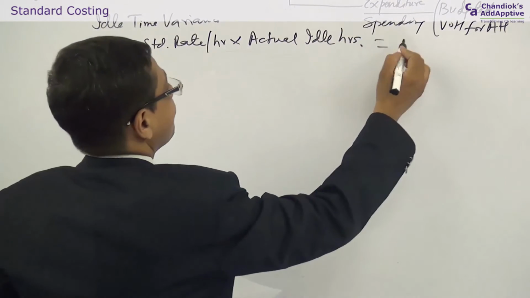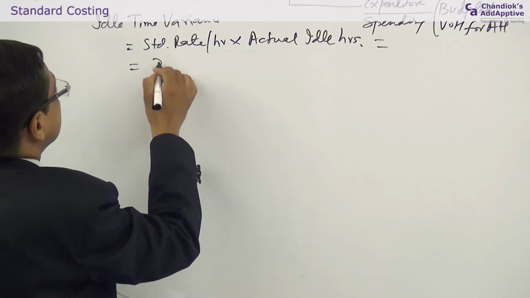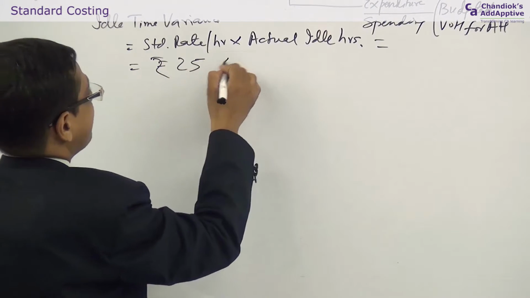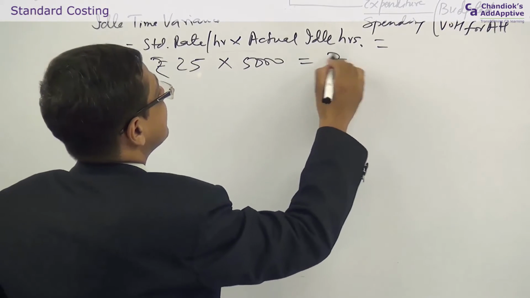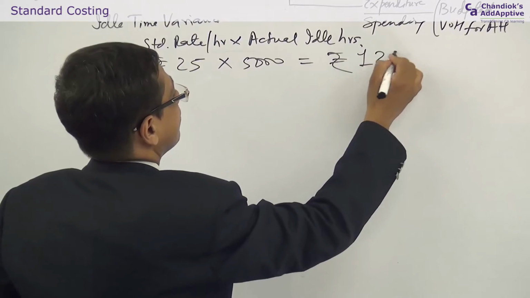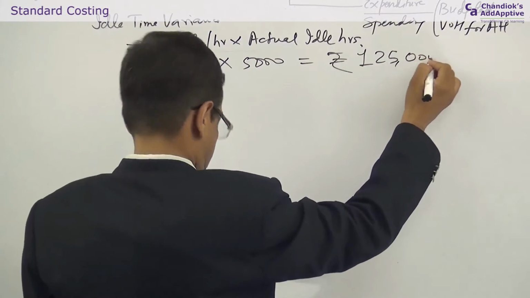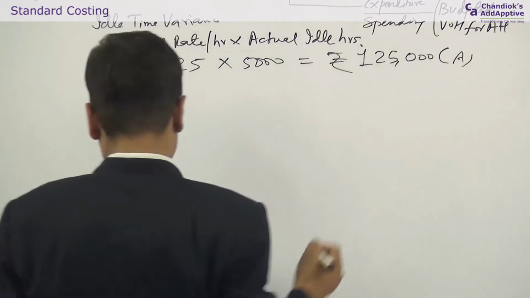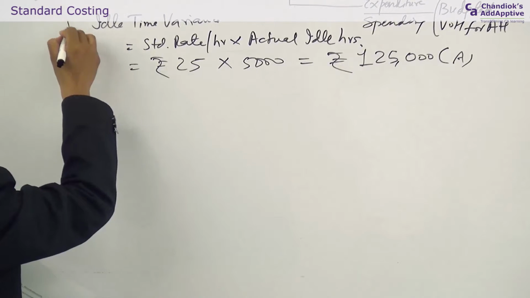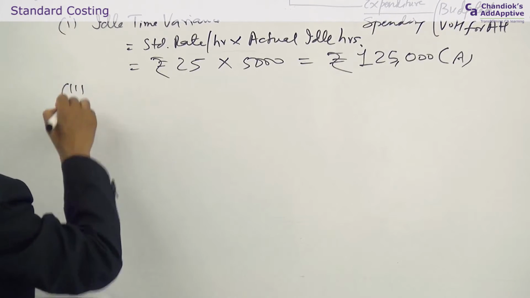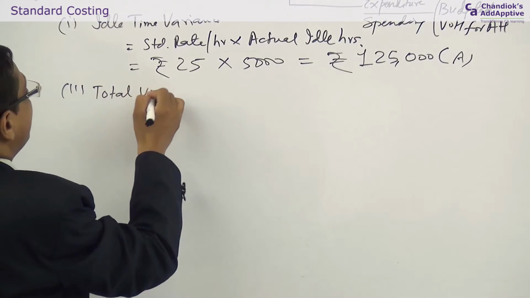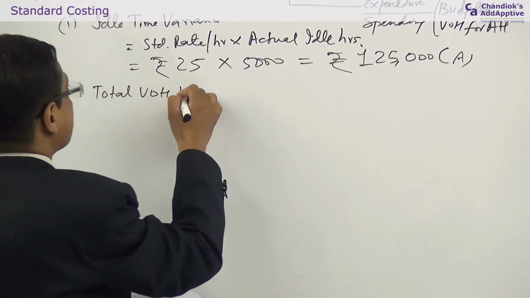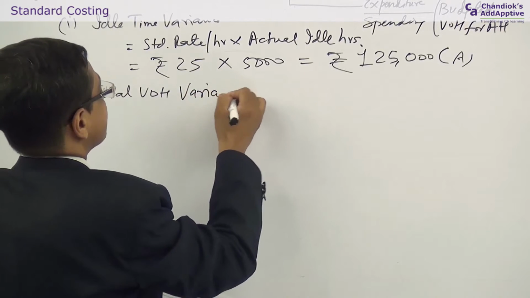If you see, this is rupees 25 we have got, and actual hours is 5,000 hours. So this becomes rupees 1,25,000 adverse. The first part of the solution. The second part is total variable overhead variance.